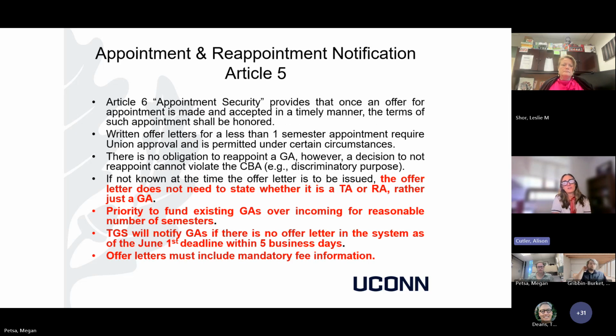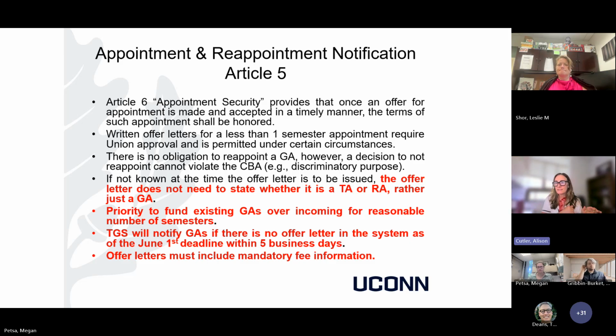Okay, Article 5 is appointment and reappointment notification. In Article 6 there is appointment security, and that says that once we issue a GA offer letter, the university has to honor those terms. That's why, last spring of 25, we saw some issues. I know there were a lot of funding issues.